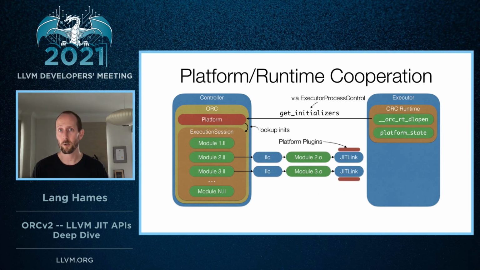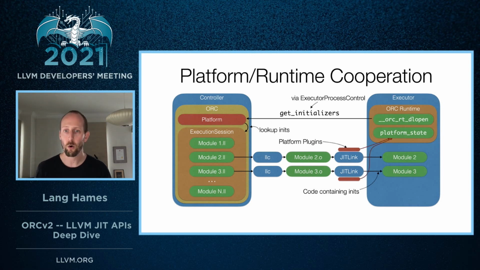The platform has installed a plugin so it can see all of the sections being linked into the process. So as we're injecting the code containing the initializers, we can also record all of the initializer address ranges and save them off into an ORC platform state object. Now, by the time that lookup that was issued by the platform returns, we're guaranteed to have aggregated all of those initializer address ranges into the platform state object.